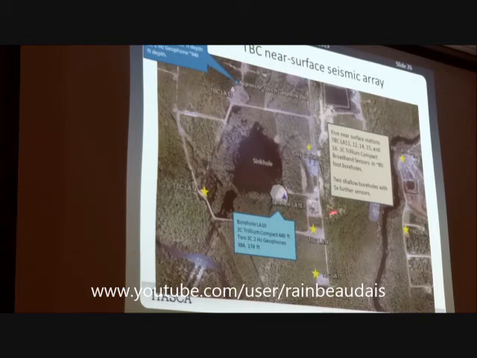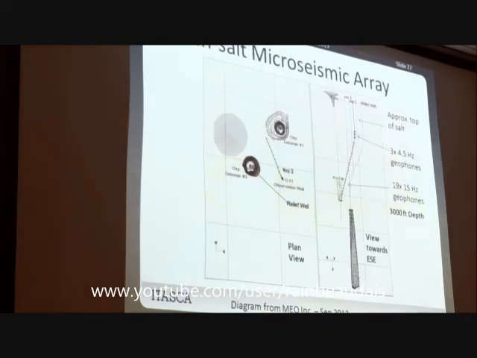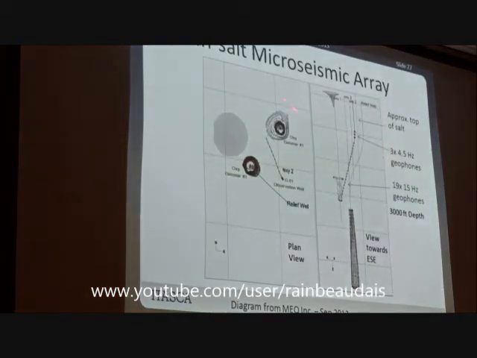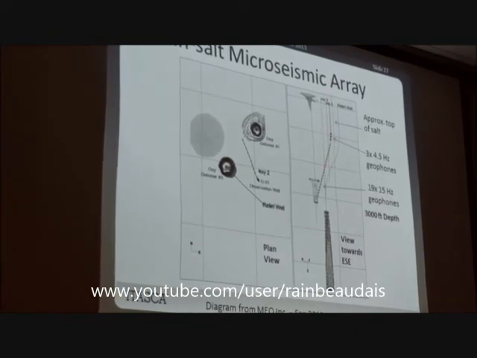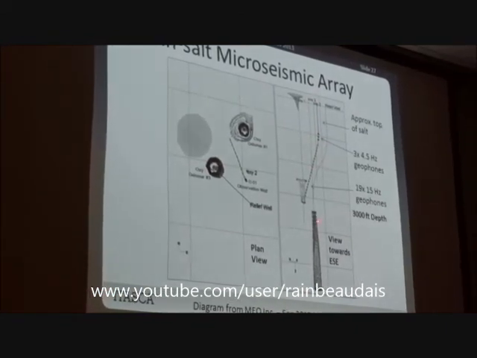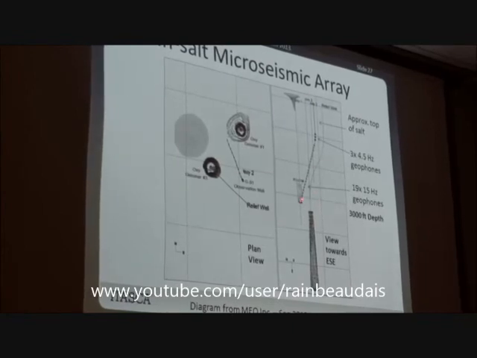And what we're seeing here is micro-earthquakes that are occurring in and around the top of the salt dome and around the sinkhole, and these very long period events that are associated with gas movement with this array. So what we're also doing is installing another array in a deep well that's already been drilled, and we're waiting for the equipment to arrive, that's going to go down to about 3,000 foot depth.